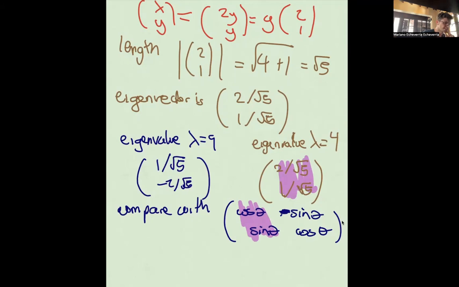I like this example. So remember that you can multiply an eigenvector by a number. For example, if I multiply this eigenvector by minus 1, it's still an eigenvector that's allowed.